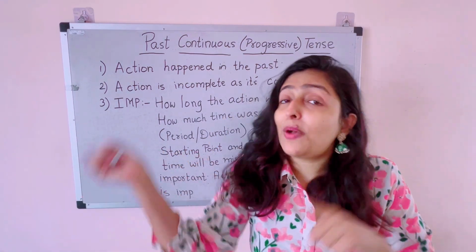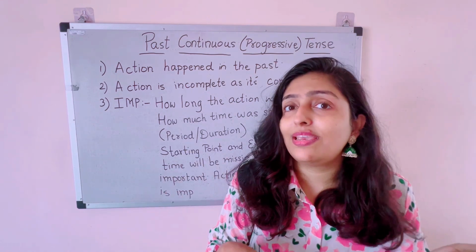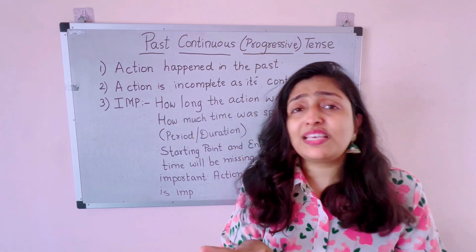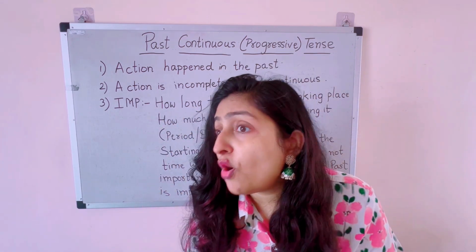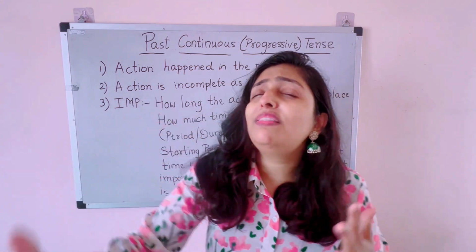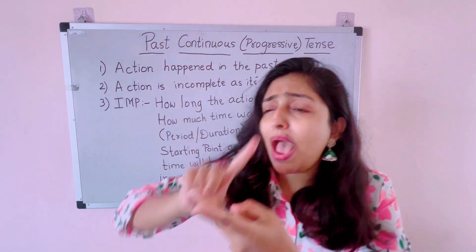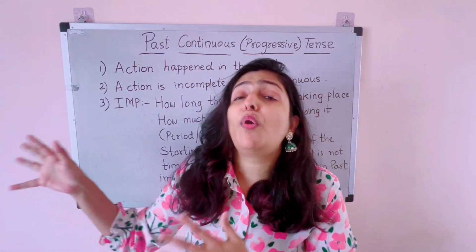In simple past tense, I specified over and over again that extension of time is not important, passage of time is not important, duration of time is not important, period of time is not important, but here the extension, the passage, the duration, the period of time is important.